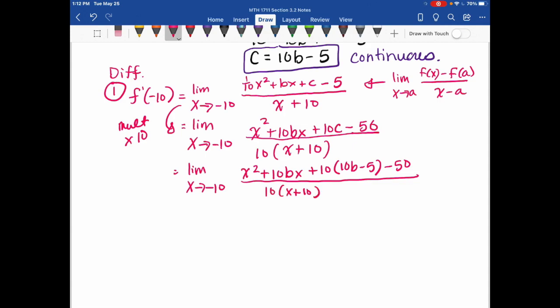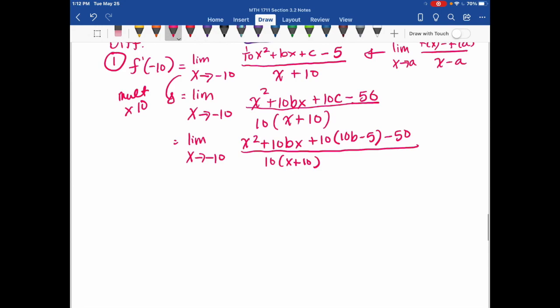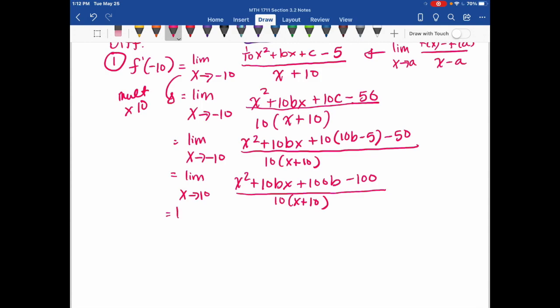And then I subtract 50 all over 10 times x plus 10. Now, when I distribute that 10, I get x squared plus 10bx plus 100b, then minus 50, and another minus 50 gives me minus 100, all over 10 times x plus 10.